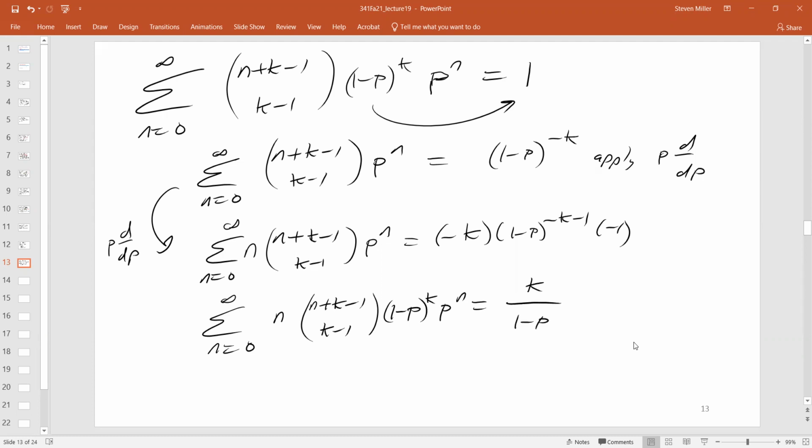And I applied p d by dp, that's why I have a p over here as well, so it's just k p over 1 minus p, and this is just the expected value of x. And so we actually calculated the mean. We handled this horrendous sum without doing any summation, just by taking derivatives and moving things around.